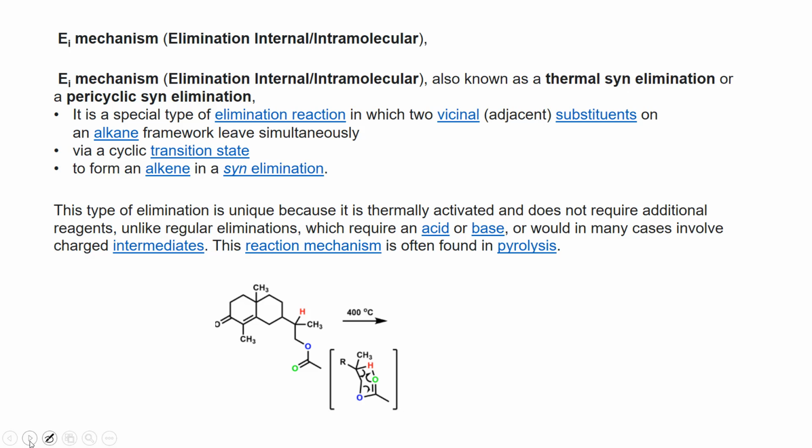Another type of elimination is Ei elimination, meaning elimination intramolecular. In this case there is a thermal syn elimination. Ei elimination is a syn elimination. As in E2 elimination, the beta hydrogen is eliminated, but here the requirement is that the eliminating group and the hydrogen should be syn to each other.